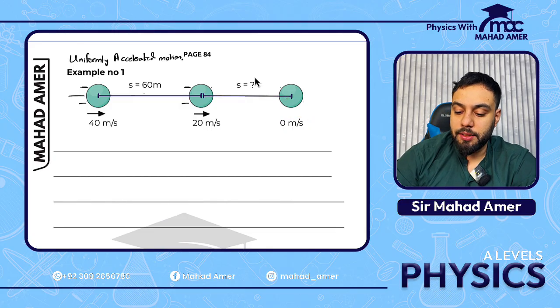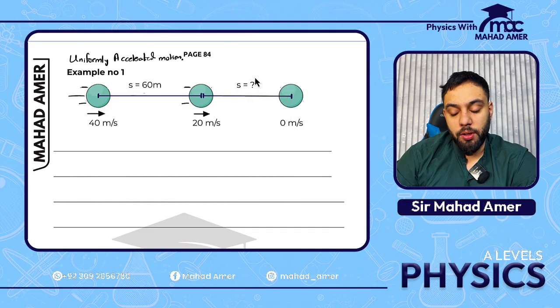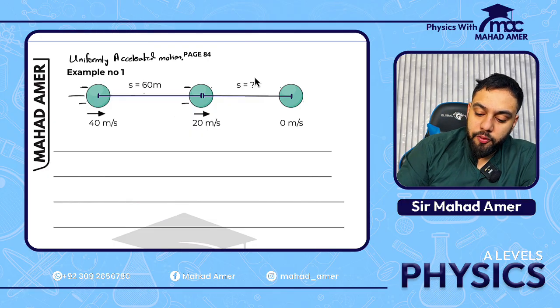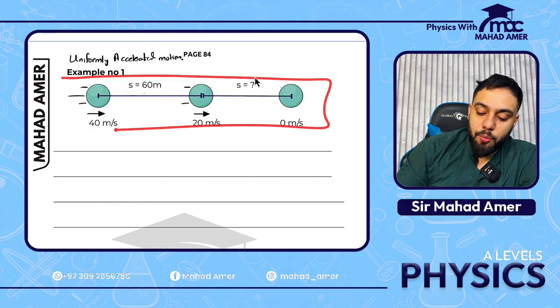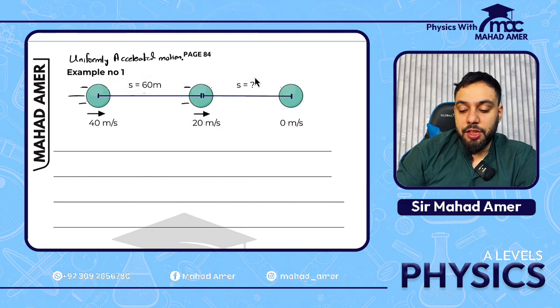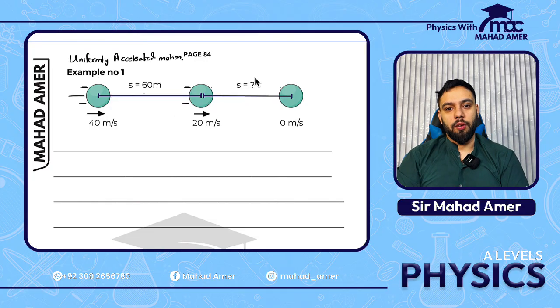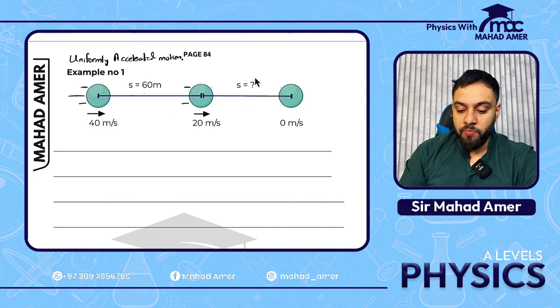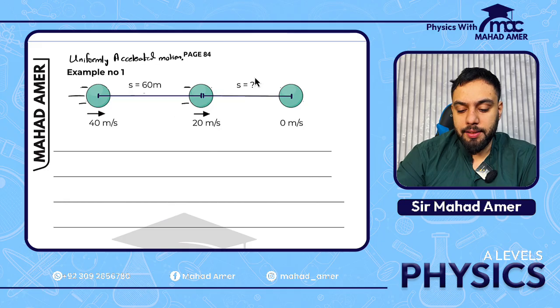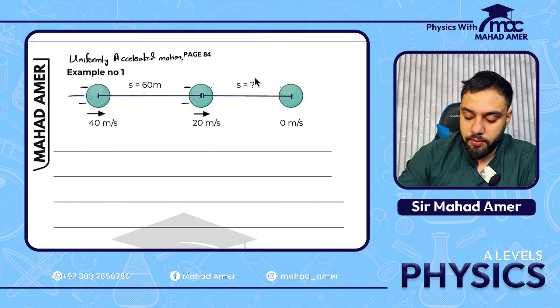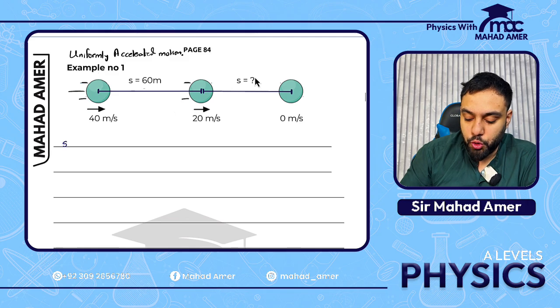Eventually it came to rest, and this displacement is unknown. You need to realize if this is a uniformly accelerated motion, that means acceleration is going to stay the same throughout the whole journey. And then you would realize what can be used. So yes, first of all, you will write SUVAT.